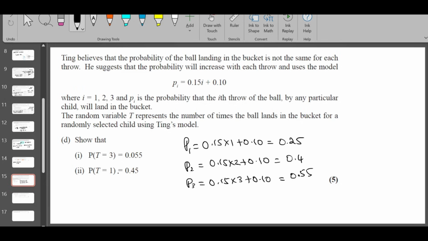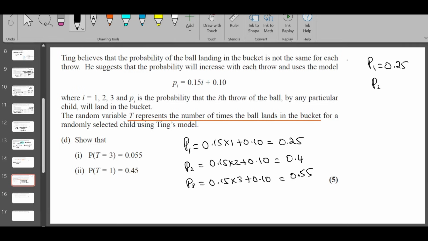Pi is the probability that the ith throw of the ball by any particular child will land in the bucket. The random variable T represents the number of times the ball lands in the bucket for a randomly selected child using Ting's model. First, I'm going to put P1, P2, P3 here.